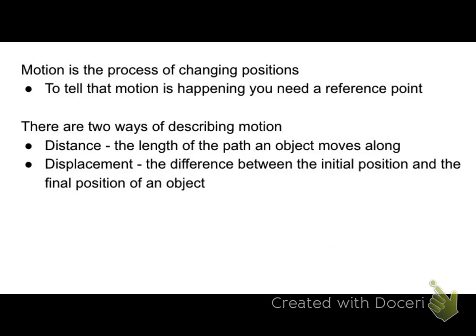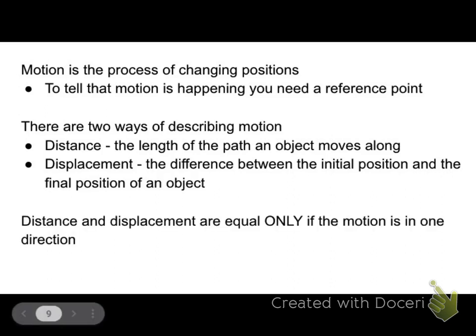If I walk from right here to the other end of my bench, but then I just walk back to this corner of my bench, I've traveled a decent distance, right? But I'm not very far away from where I began, which means that while my distance might be large, my displacement is actually quite small because displacement is the shortest distance between where you started and where you ended. Okay.